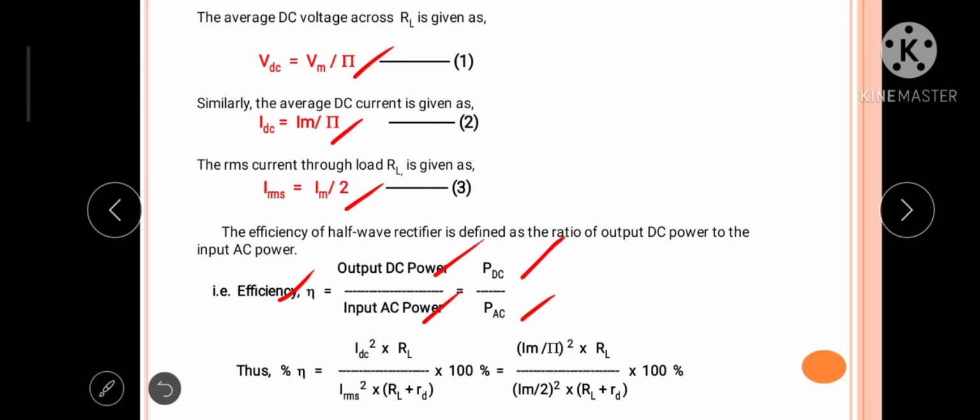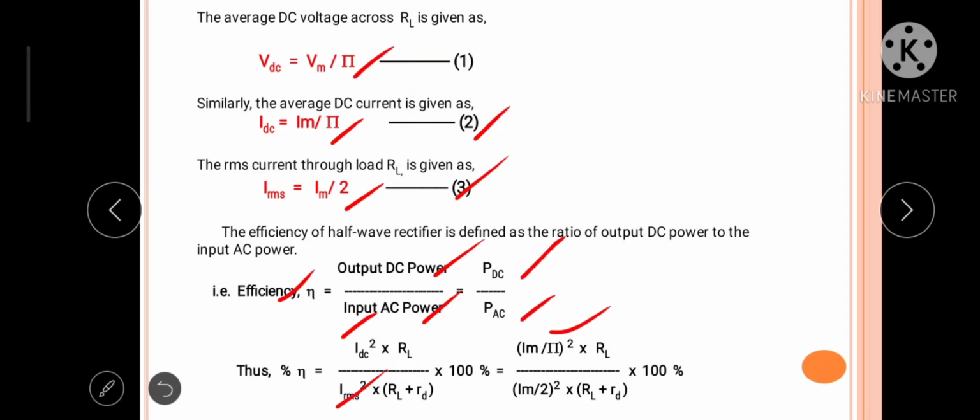In this equation, we substitute the value of IDC from equation 2 as Im upon pi. So the same equation can be written as Im upon pi whole square into RL. In the same way, the value of IRMS we take from equation 3.